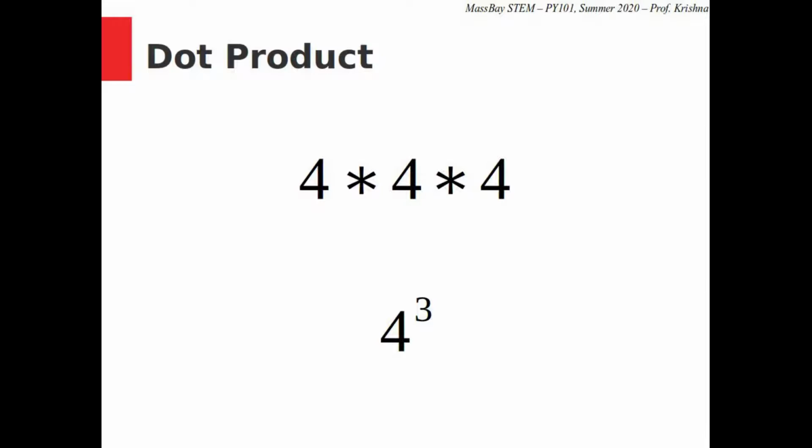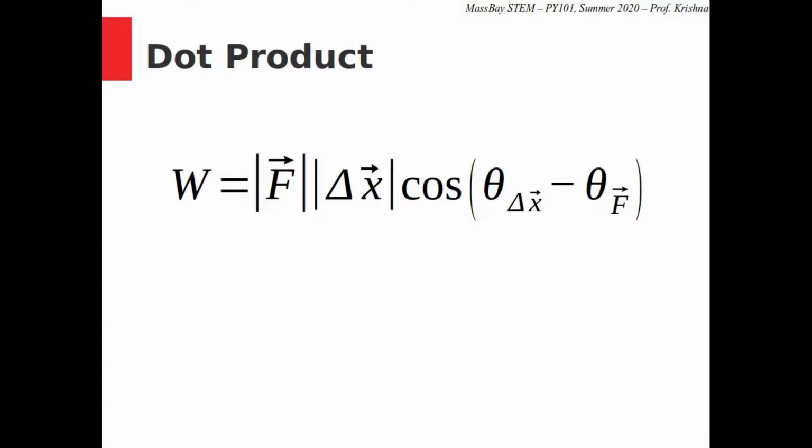Just like mathematicians, physicists love shorthand. For instance, we can write the mathematical expression 4 times 4 times 4 as 4 to the third power. These are two different ways of writing the same thing. This calculation that we just saw, size of the first vector times size of the second vector times cosine of the difference of their angles, is often written in short form like this.